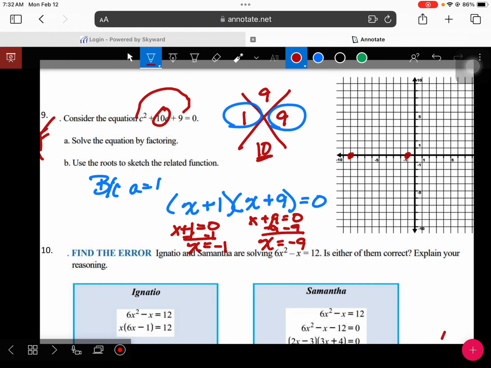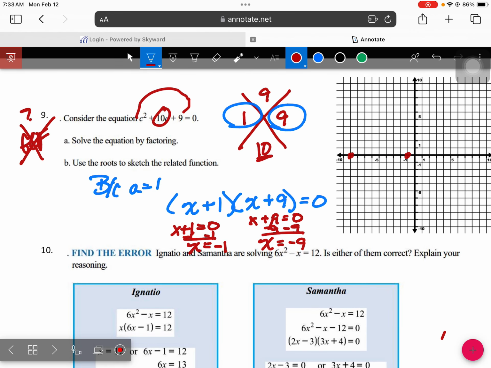Okay. And from that, there's a couple ways, again, that you can find your axis of symmetry. If I specifically ask you to solve for it, then we would use the formula. X equals opposite of b, all divided by 2a. My b value is 10, so opposite of b would be negative 10, divided by 2 times my a value of 1.